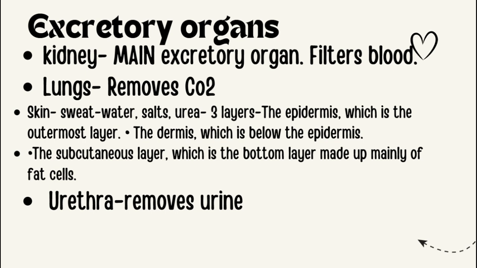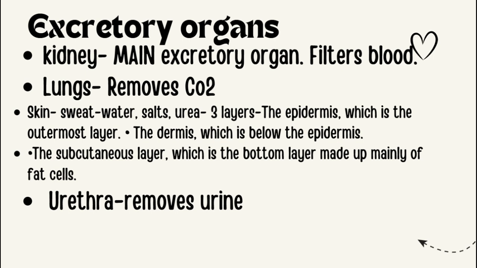And I always say that the skin is the biggest organ, made up of three layers: the epidermis, which is the outermost layer, the dermis, which is below the epidermis, and then the subcutaneous layer, which is the bottom layer, made up primarily of fat cells. So even though the focus is on the kidney as the main excretory organ, the lungs serve their role and the skin serves its role.